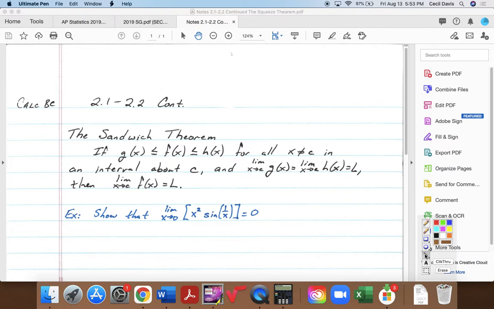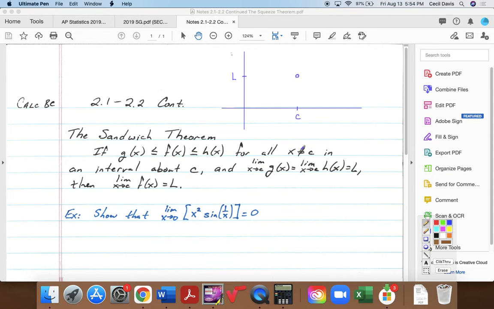So let's draw what this might look like. We're going to need an x value c that we're going towards, and a y value L. And I'm going to put a hole there just so I have something to aim at.